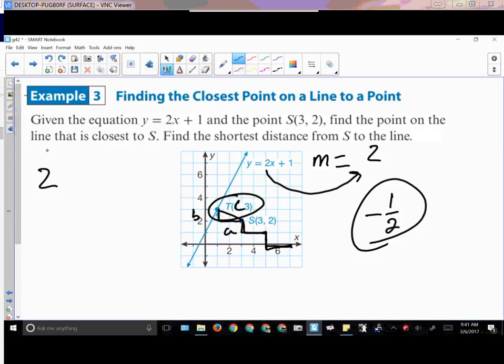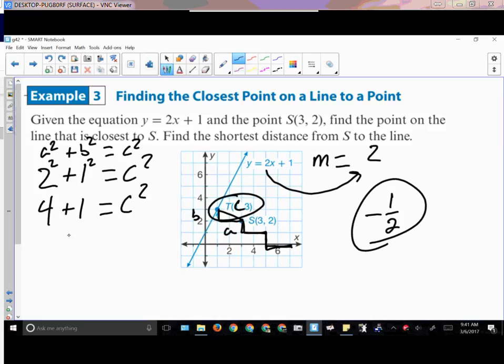So A was 2. B squared, 1. It's equal to C squared. What's 2 squared? Well, that's 4. 1 squared is 1. So that's going to be C squared. So 5 is equal to C squared. Square root of 5 is equal to C.